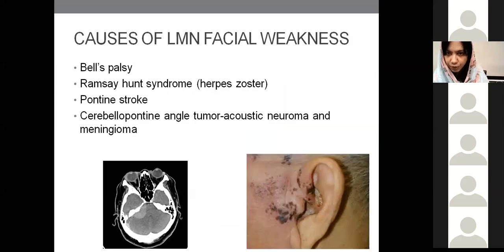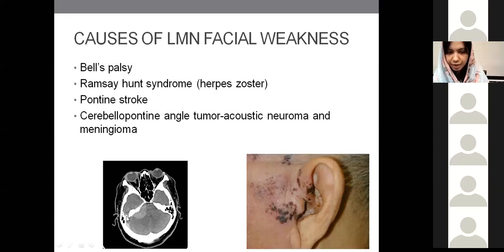Causes of lower motor neuron facial weakness: the most common cause is Bell's palsy. Then there is Ramsay-Hunt syndrome, which is post-herpes zoster. This is a post-herpes zoster rash, and we can have a lower motor neuron facial palsy in this case, right? Then there is a pontine stroke. Cerebellopontine angle tumors like acoustic neuroma and meningioma.